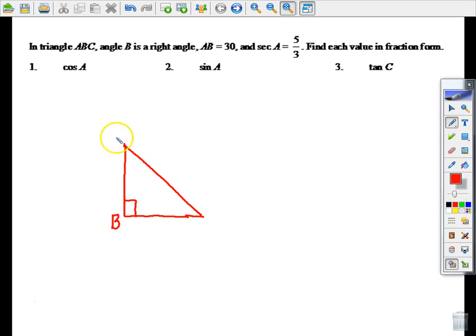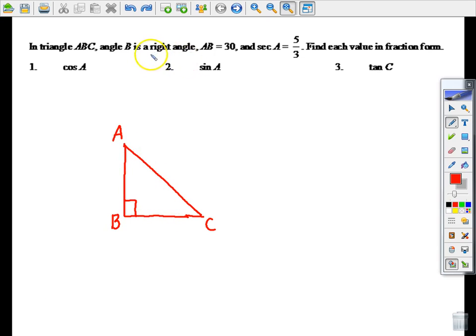So that means we can call these other two acute angles however we want to. The only thing we have to be careful with: if we call this angle A, then this needs to be side A, this needs to be side C, and this will be side B. Just remember that the sides are opposite the angle.